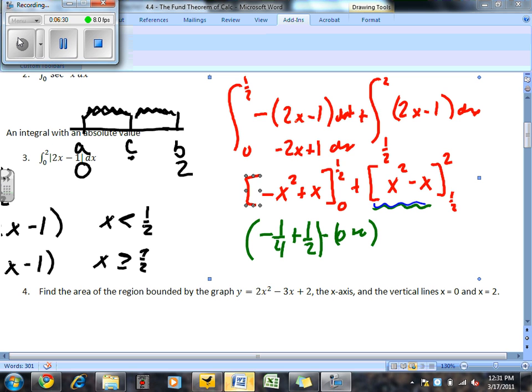Okay, so I'm going to evaluate 2 first. So I'm going to have plus 4 minus 2 here, minus then 1/4 minus 1/2.